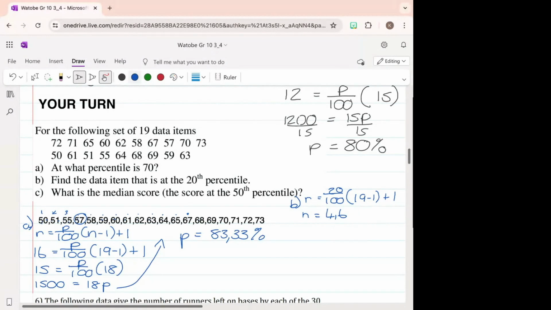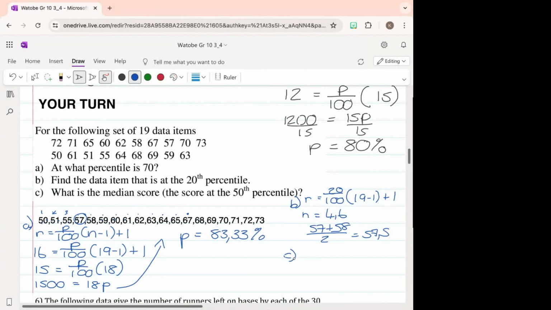So let's find our fourth and our fifth one. 57 plus 58 divided by 2 gives me 57,5. That makes our life a lot easier. Shlani, I really apologize. I was making your life so complicated by adding fractions in, and that's why everyone was so confused.